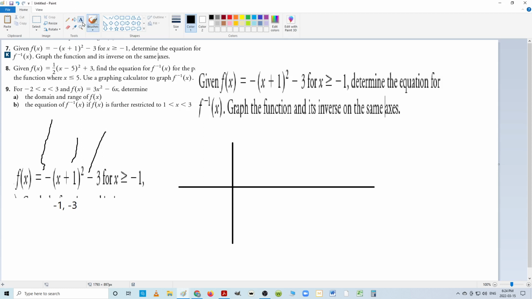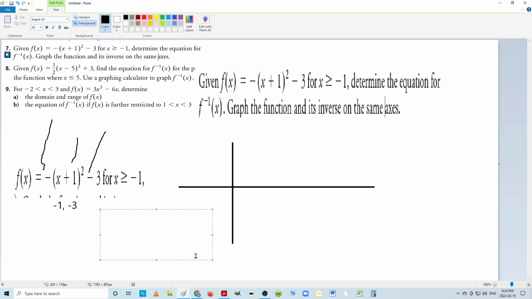So if I were to just take the 3 standard points for a quadratic, which would be this, or even this, we'll do minus 1, comma 1, and I just say, okay, I'm going to multiply all the y values by negative, and then I'm going to subtract 3 from them.